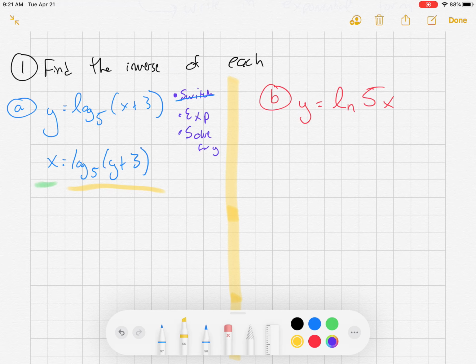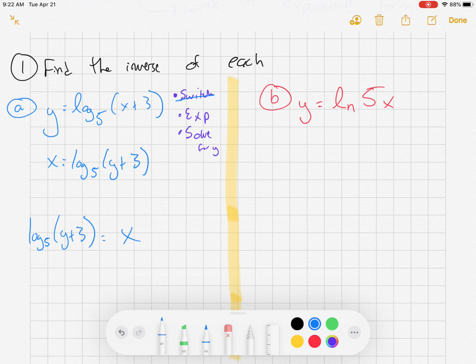So instead of writing x equals all of this, instead of green equals yellow, I'm going to write yellow equals green. So I'm just going to flip this around and write it as log base 5 of y plus 3 equals x. All I did was take this, move it over here, take this, move it over here.